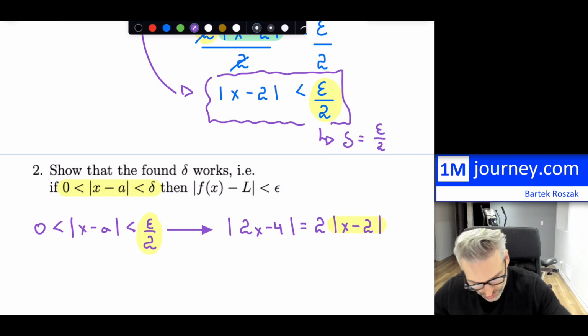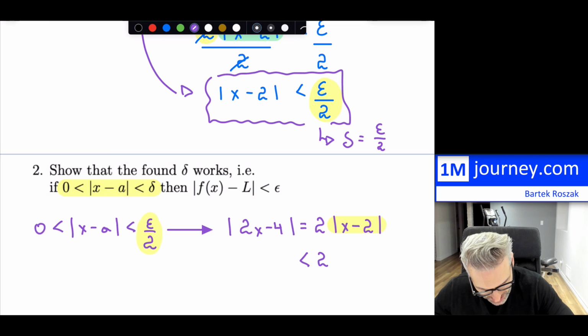So as you have that, I'm going to say this is going to be 2. Now substitute, so now we're showing this is going to be the substitution that I have. The 2 and the 2 cancel, and of course this is equal to epsilon.